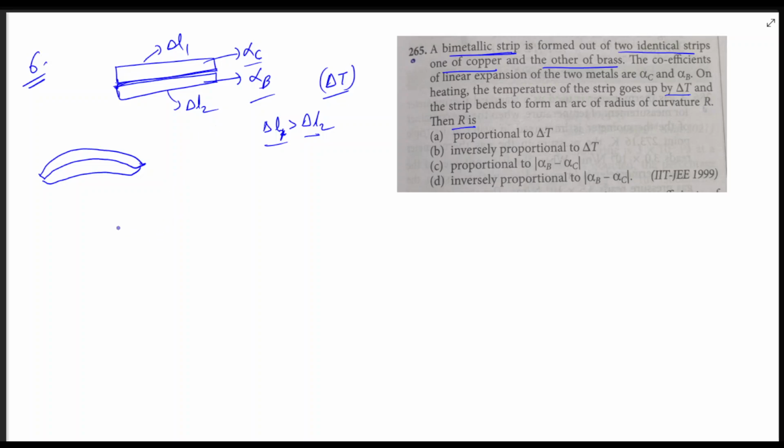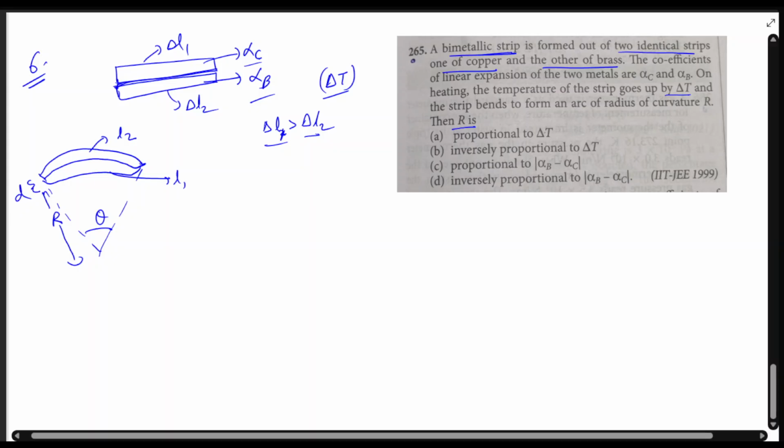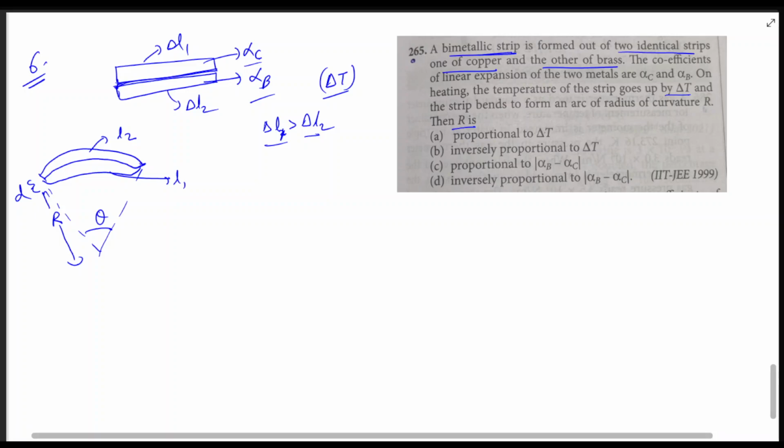Okay, so if they are making an angle theta here, and this length is L2 and this length is L1, and this is our radius from here to here, and this is thickness D. Okay, so let's solve this.